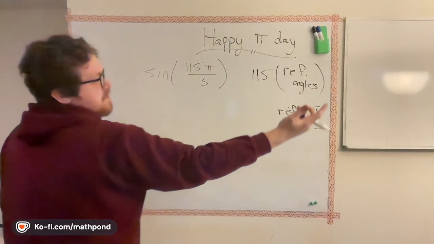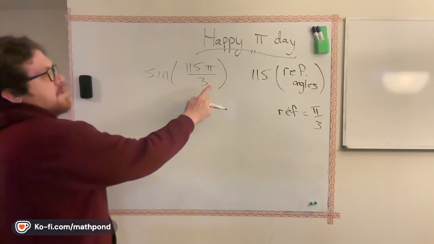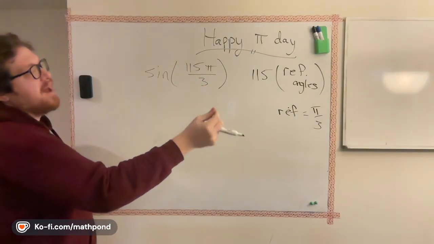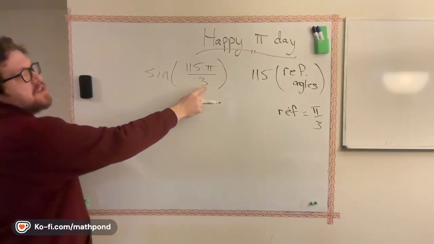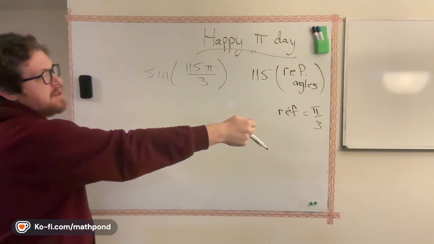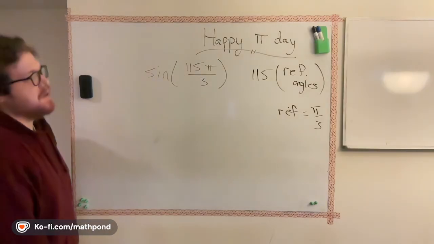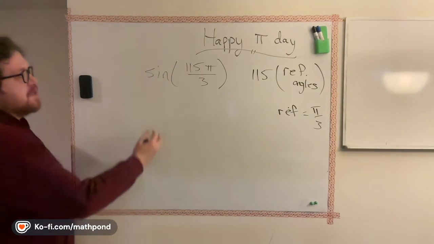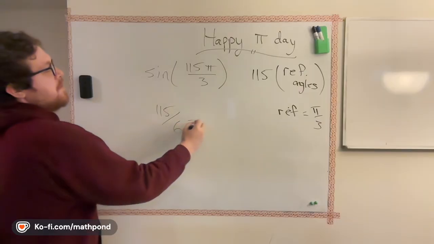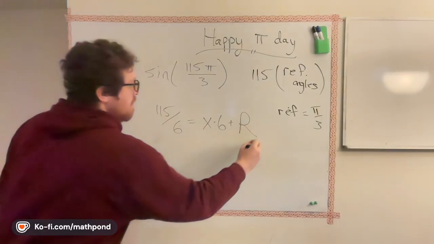So your reference angle is pi over 3. When you're multiplying the denominator by 2, that's just seeing how many 2 pi multiples there are in units of thirds, which would mean 6 pi over 3. How many 6 pi over 3s are there in 115 pi over 3s? So you're just dividing 115 by 6, and you want to know the remainder. So it's like x times 6 plus some remainder r.